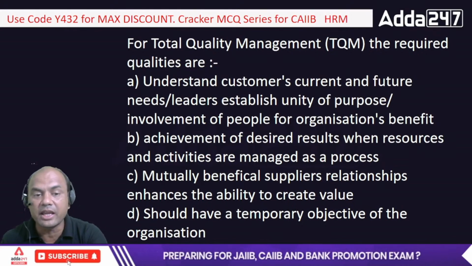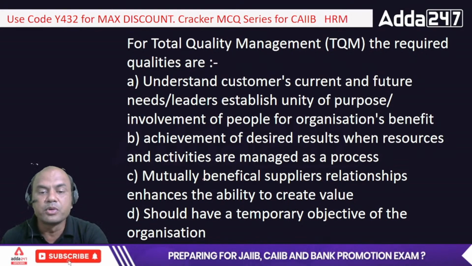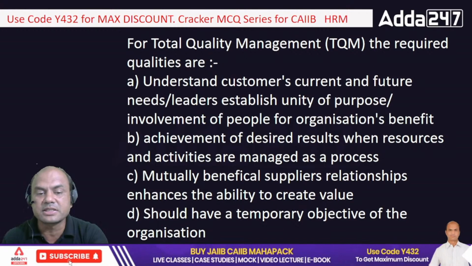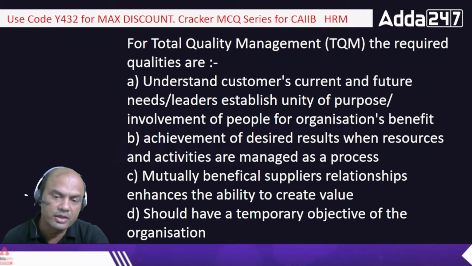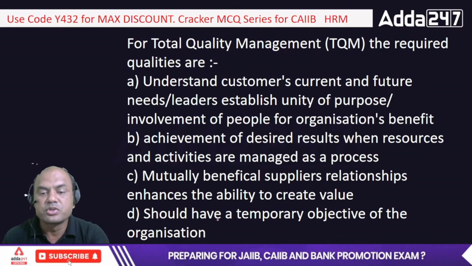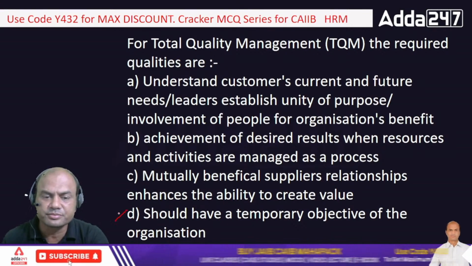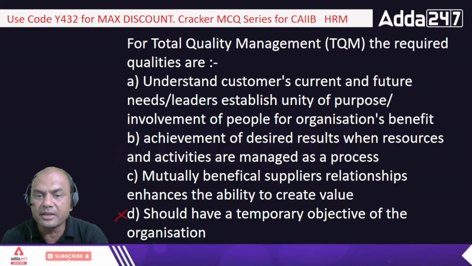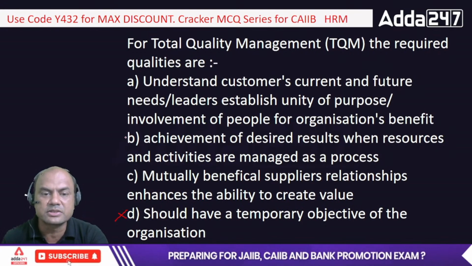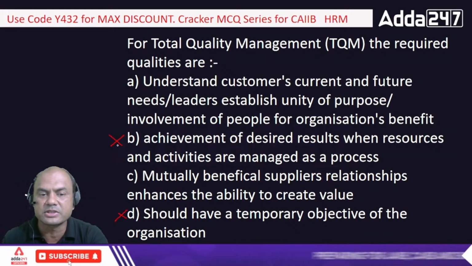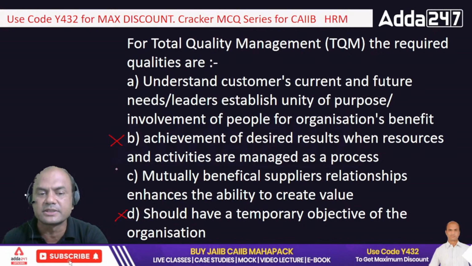Kindly answer. A, B, what is C? Mutually beneficial supplier relationships enhance the ability to create value. Number D: should have a temporary objective of the organization. So definitely, logically D is out. B is out too, because human beings are not managed as resources. B is out, D is out. Only A and C remain.